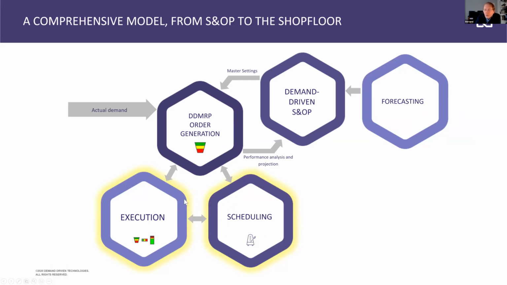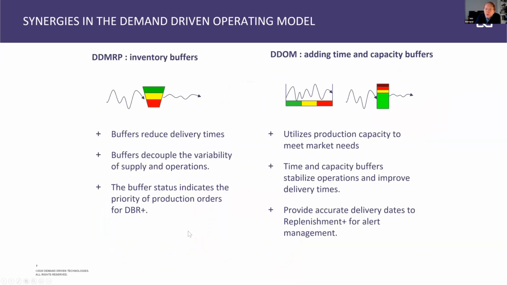And then there is another layer that we'll dig into, which is how we execute on the floor and make sure we are on time, or properly prioritize the operations.